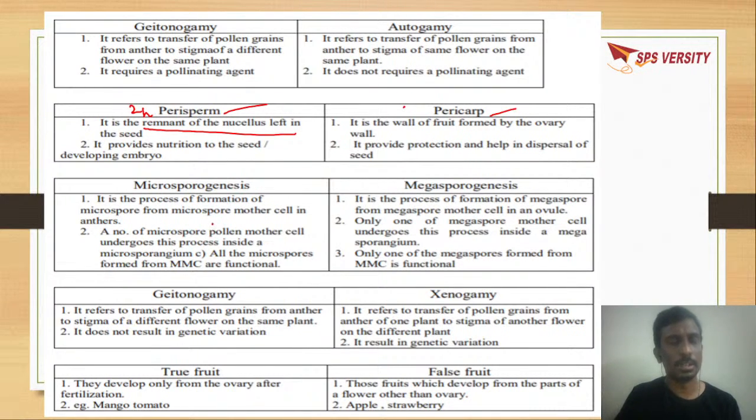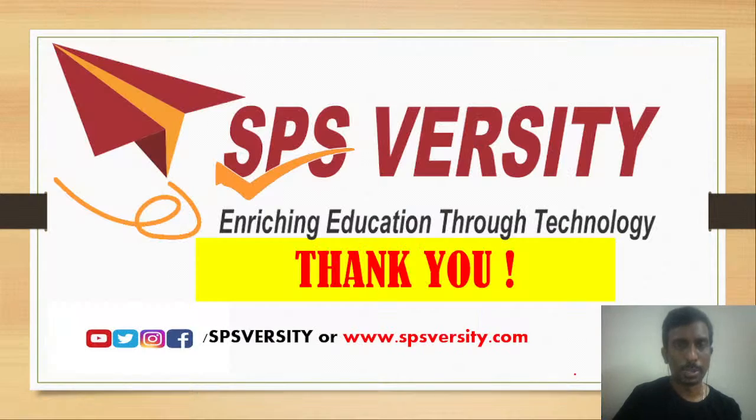Microsporogenesis occurs inside the anther, the formation of microspores from microspore mother cells. The difference between geitonogamy and xenogamy is that pollination takes place between two flowers of the same plant versus two flowers of different plants. In a true fruit, only the ovary develops into fruit. In a false fruit, along with the ovary, other parts develop into fruit, like apple and strawberry.